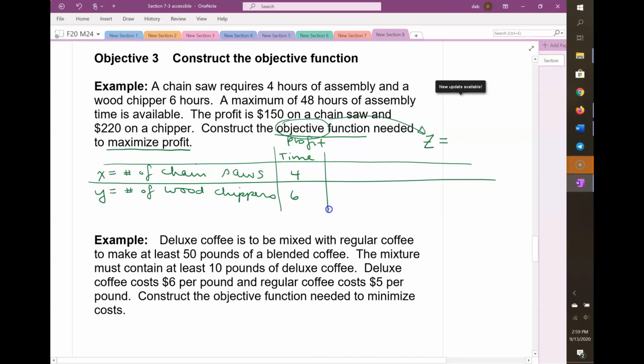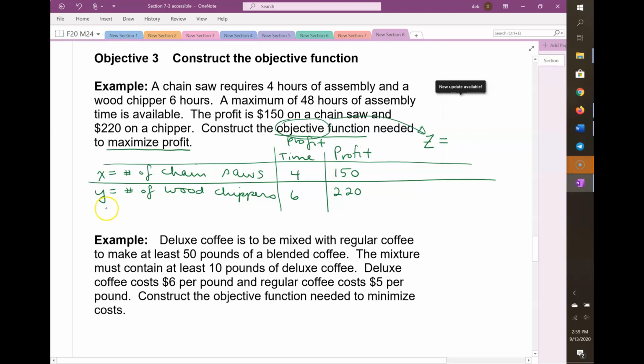Well, now we're given a little bit more information about profit. And it's $150 for a chainsaw and $220 for a chipper. So you can see that this chart just really helps us organize all of our information.